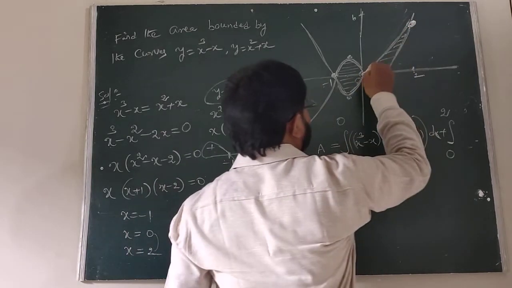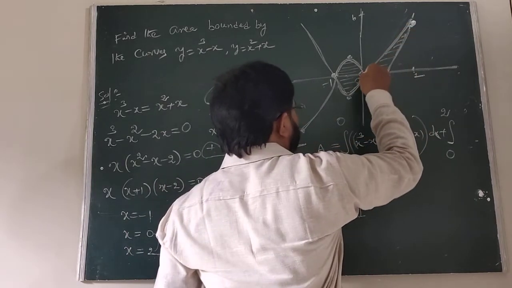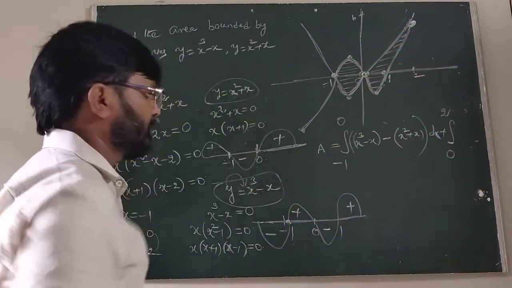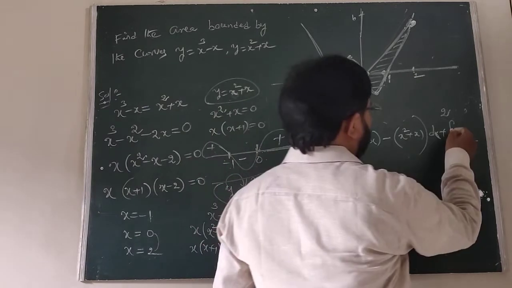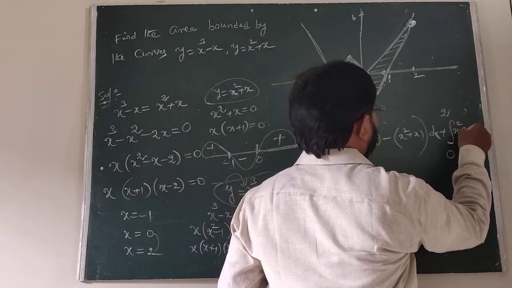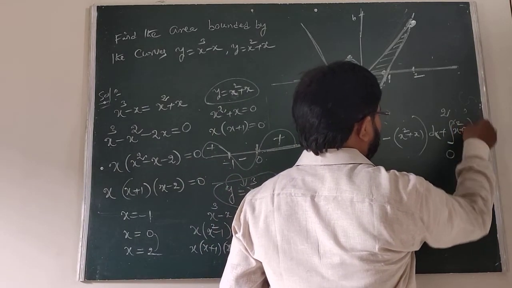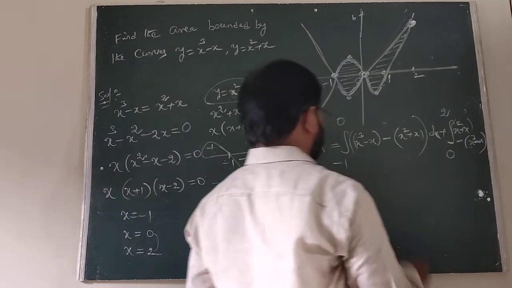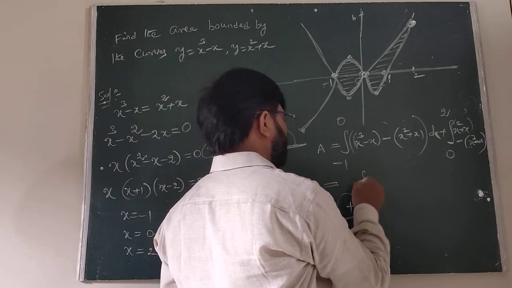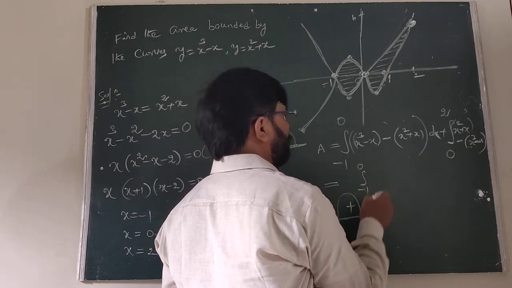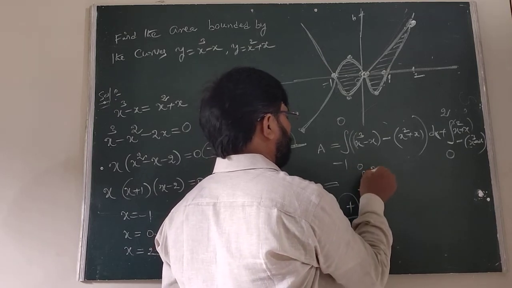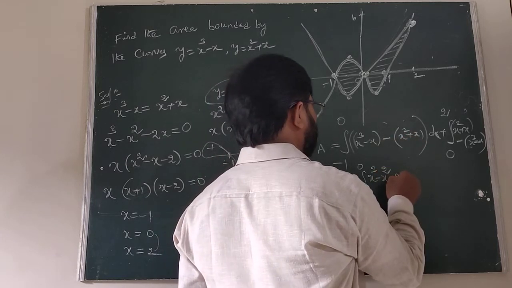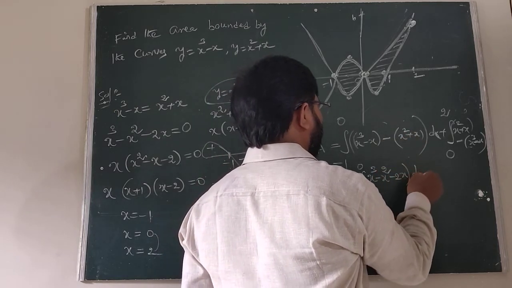In between 0 to 2, the upper curve is the parabola, and the lower curve is the cubic function. Therefore we first take x square plus x, minus of x cube minus x. Therefore we can write the integral of x cube minus x square minus x, minus 2x, with respect to dx.